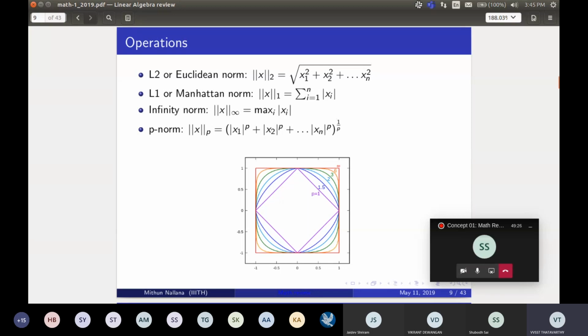If you substitute p equals 2, it is pretty obvious that you get the L2 norm, and you can also get the L1 norm by substituting p equals 1. It is defined by taking the p power of all the elements, summing them, and then taking the p root.